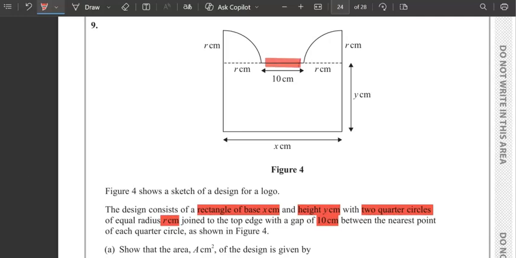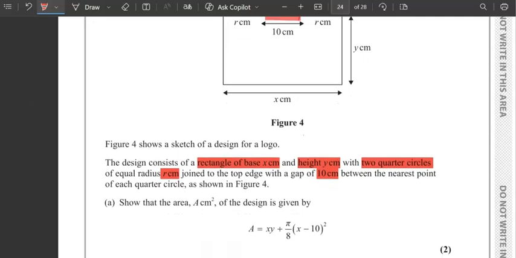That is the gap. Part A says: show that the area A square centimeters of the design is given by A is equal to xy plus pi over 8 into (x minus 10) squared.